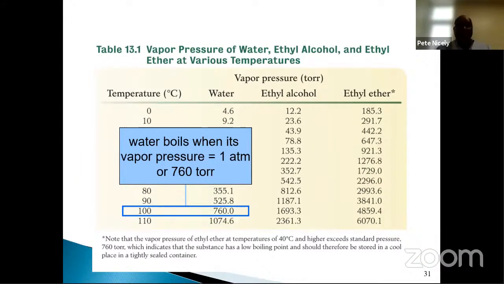So 100 degrees would be the normal boiling point of water, because at that temperature the vapor pressure of water is equal to the atmospheric pressure, 760 torr. That's how we determine the boiling point of any liquid.